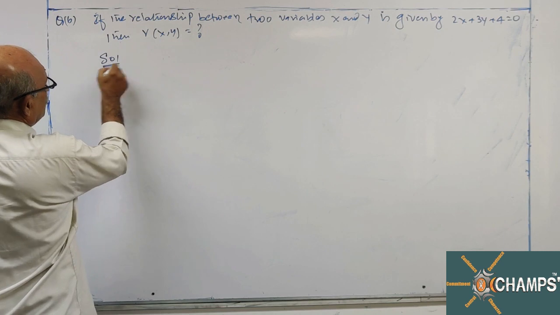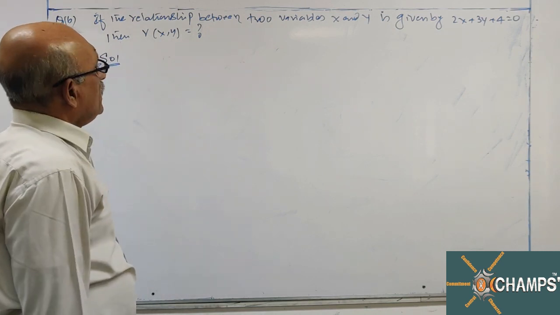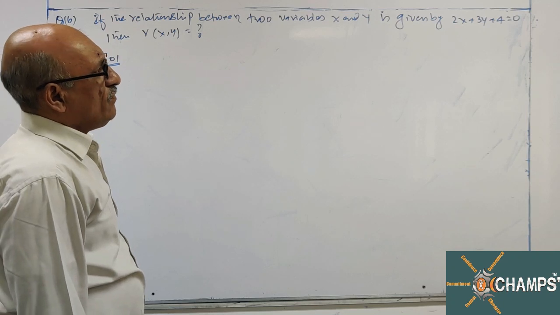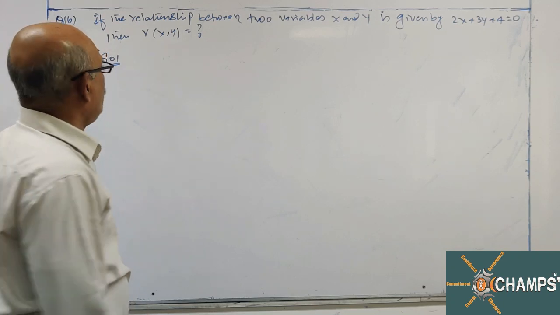See the solution. What is given? The relationship between two variables x and y is given by 2x plus 3y plus 4.